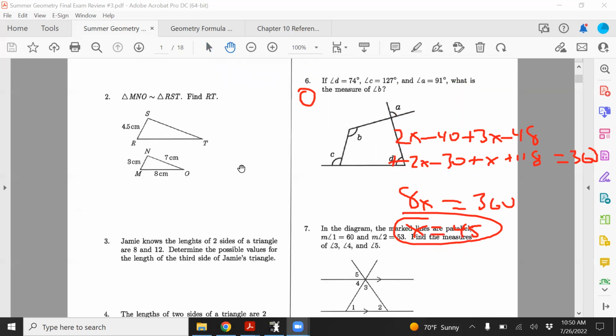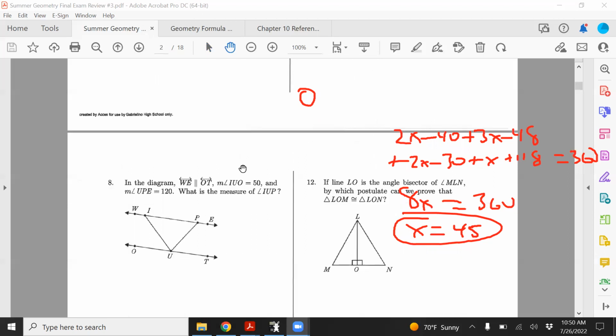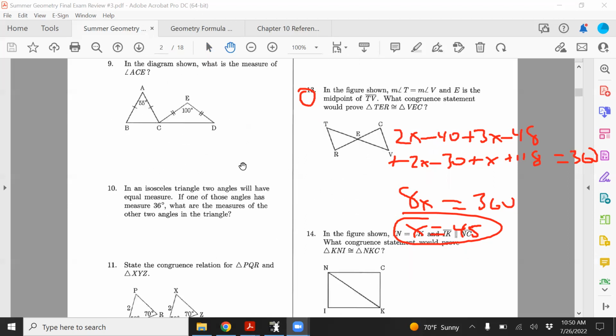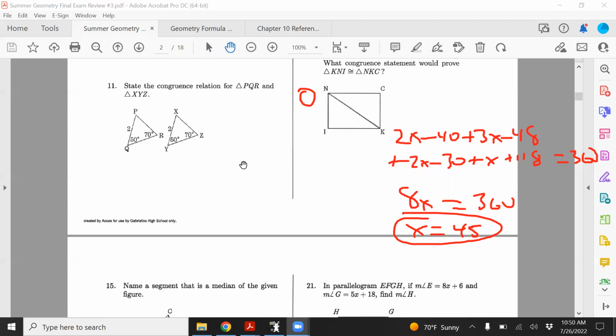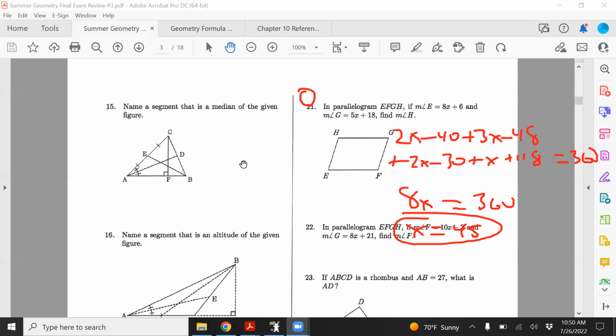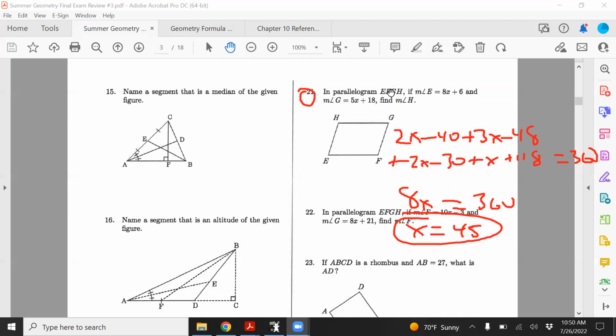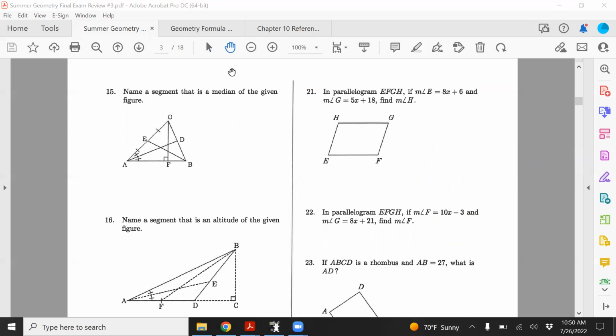I'm going to jump around a little bit. Okay, let's take a look at 21. Angle E and angle G. And they want angle H. Well, first off, angle E and angle G, just look at it.